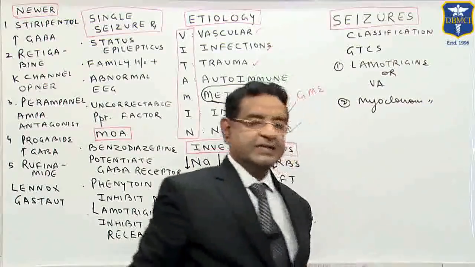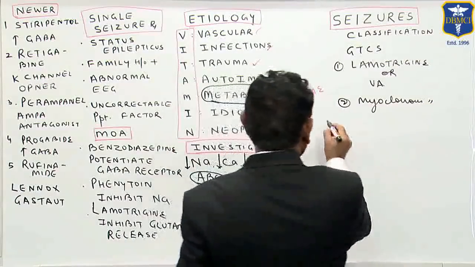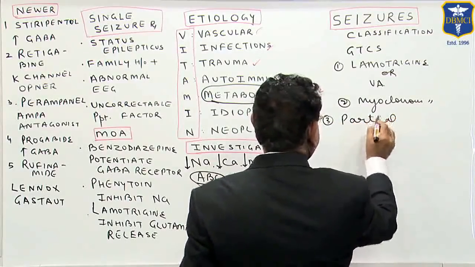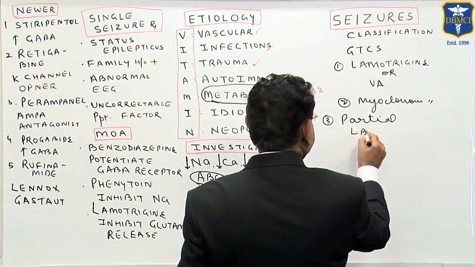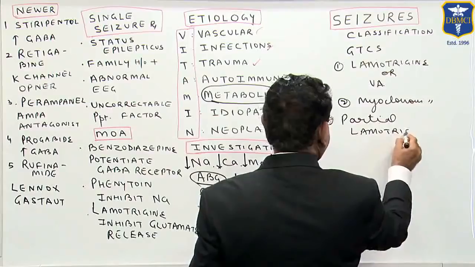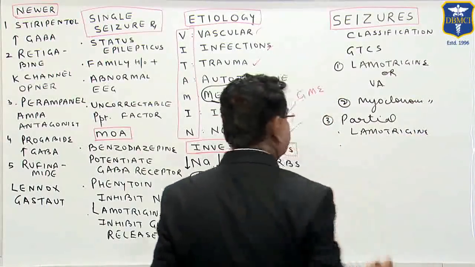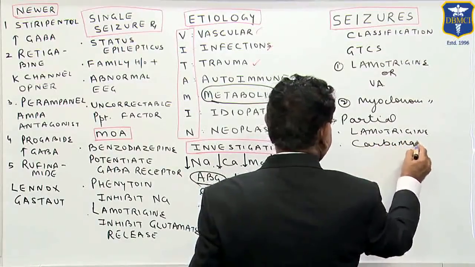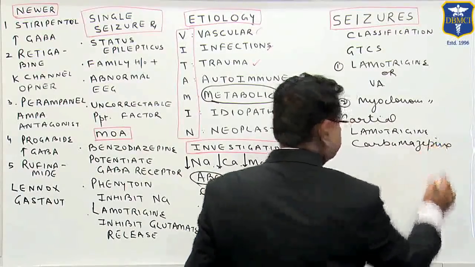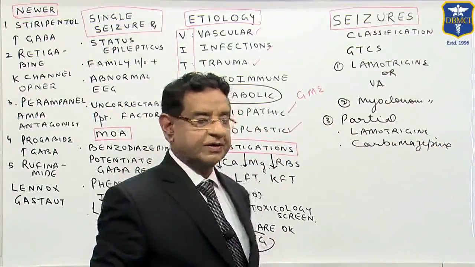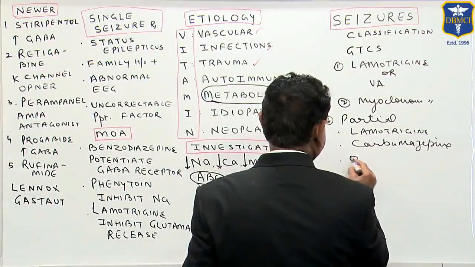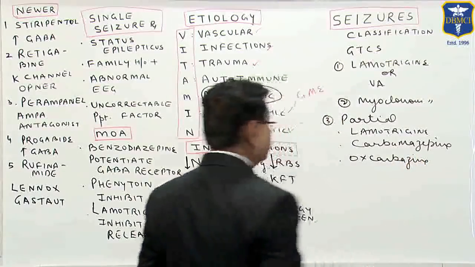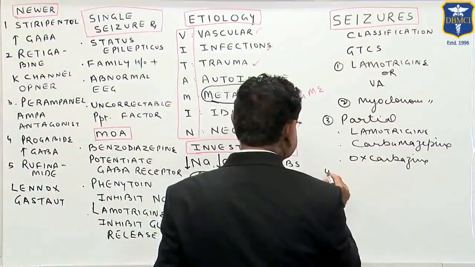We can use either lamotrigine or valproic. But for partial seizure, we can use lamotrigine, but we can also use carbamazepine as the first line treatment, oxcarbazepine. What about absence seizure?